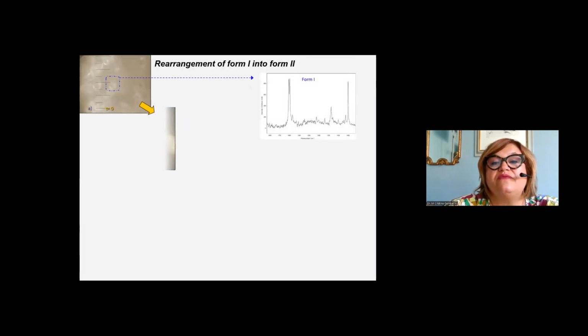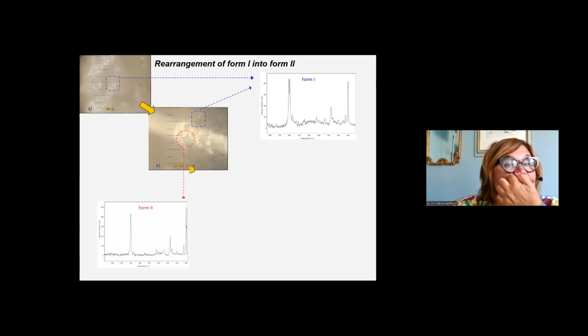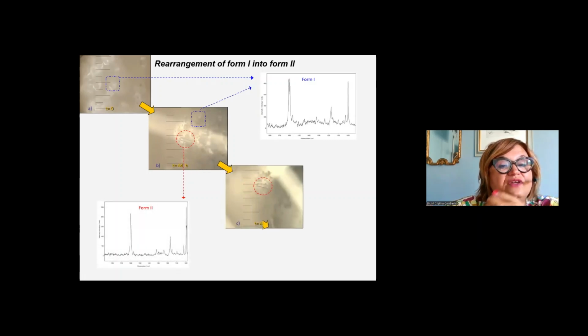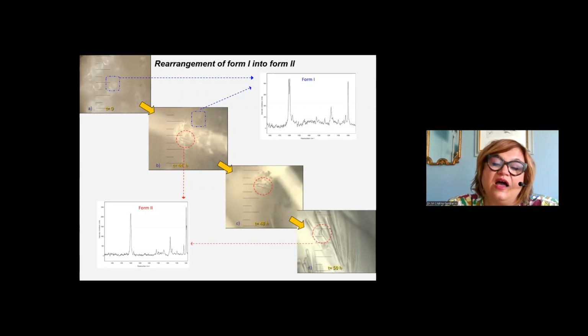In this case, we have a study during the crystallization of the sample. Tamoxifen citrate was put inside a melting point tube, and we did a Raman experiment. The Raman is connected with the computer and with a camera, so it's possible to have an optical image of the samples.